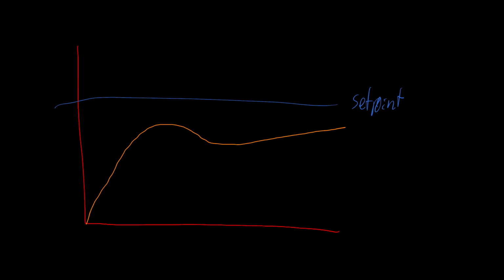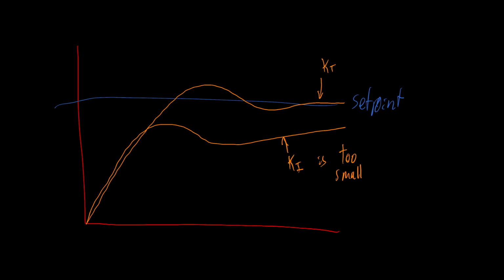Remember that Ki is used to correct the offset caused by Kp. So Ki is too small. And if Ki is just right, Ki will cause this to happen. You can see that you settle at the set point.